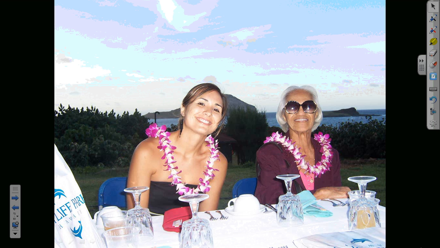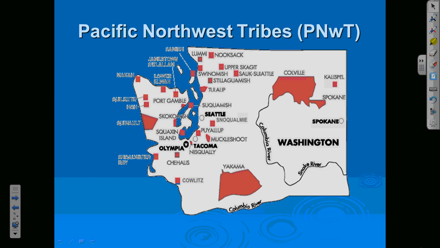Obviously she's Native Hawaiian, and their diet has changed considerably, as you might imagine. They're having all kinds of problems with diabetes, like a lot of the tribes in the lower 48. The project that she ended up working with was with three tribes out in the Pacific Northwest, these three tribes right through here. All the red shows native land in the state of Washington.